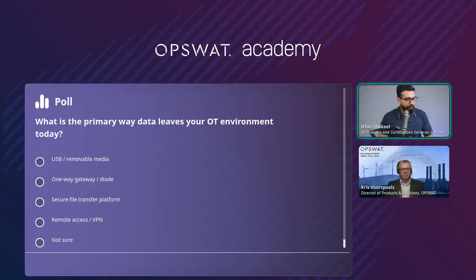I want to ask you to participate and share your thoughts about how it works in your environment. In your typical environment, how does data primarily leave your critical infrastructure: through a USB, a one-way gateway, which is the diode, or remote access, or you're not sure? The poll is here on your screen.